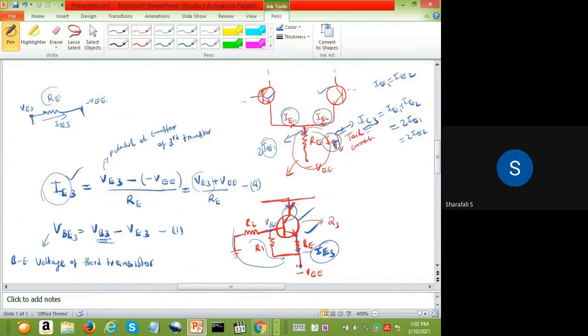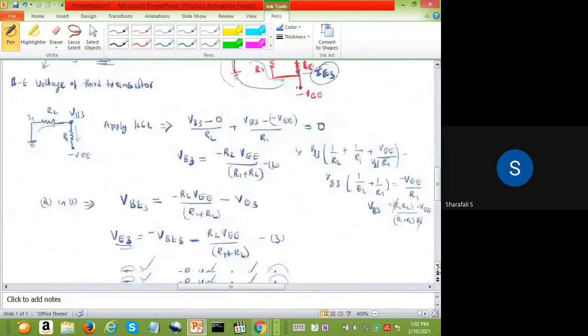By using this circuit, we are making that IE3 or IE1, IE2 constant. So this current should be constant. In order to make this current constant, we have this additional circuit, the tail of the differential amplifier.